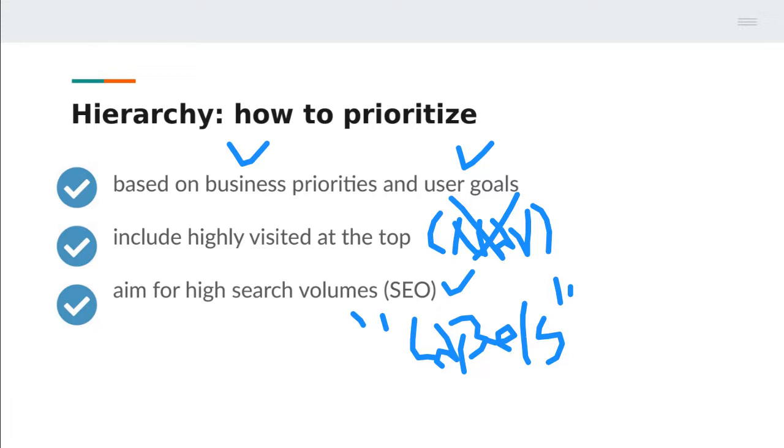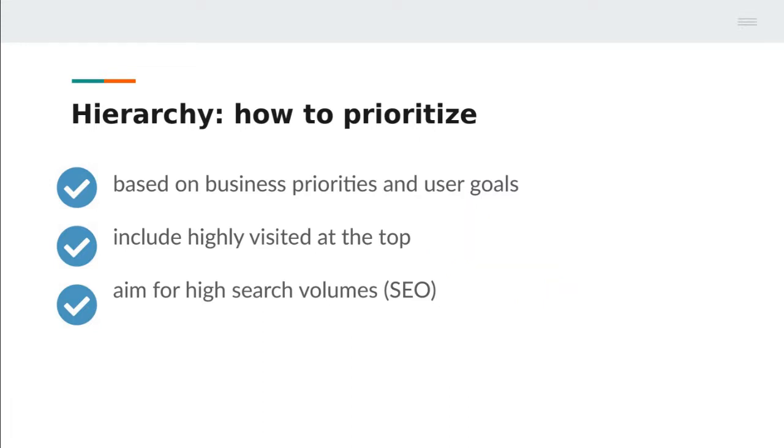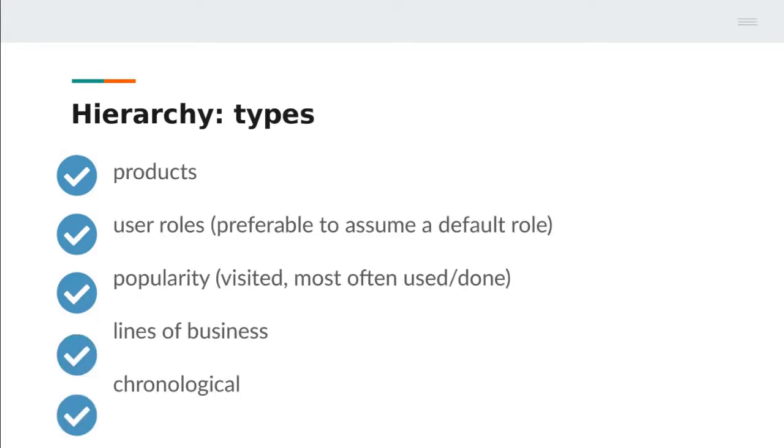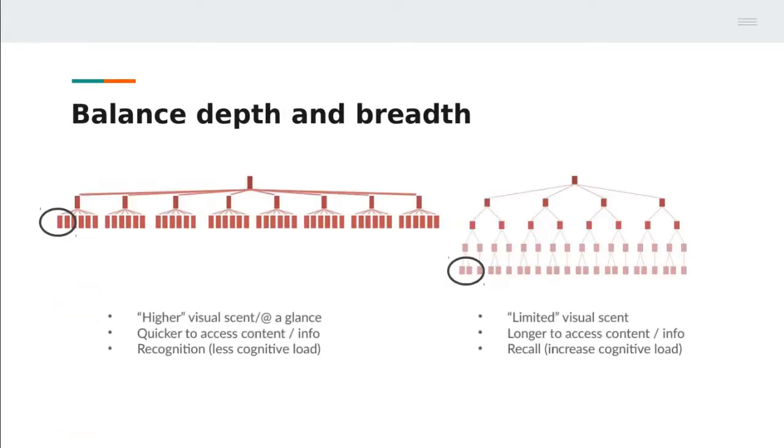The Google search tool, Google Trends, will give you a sense of volumes. More search volume means more people are actually using that term when they're searching for that thing. So that term speaks more to the user's language, which is principle number 2. Don't worry about this yet, but it will be useful when you think about your labeling.